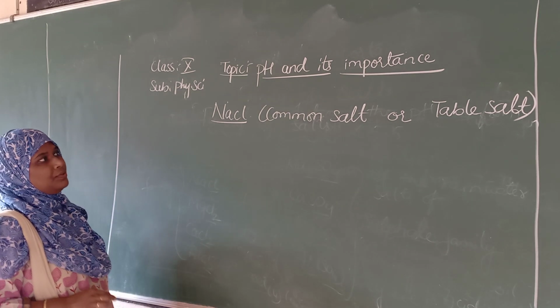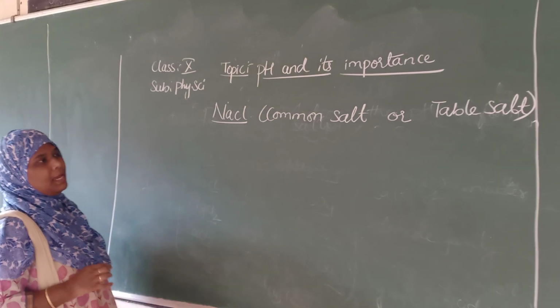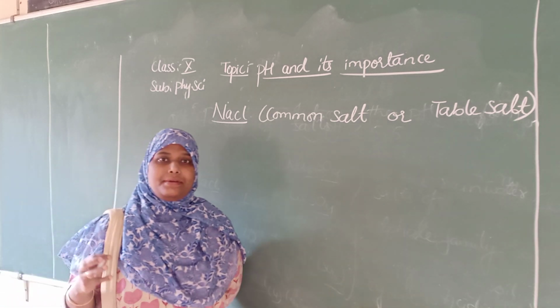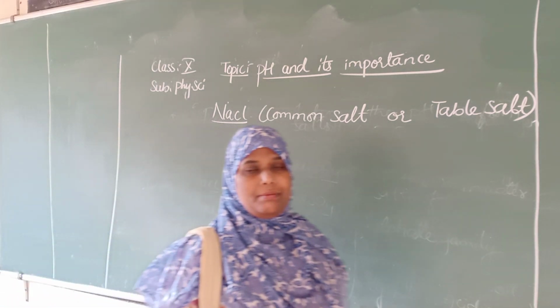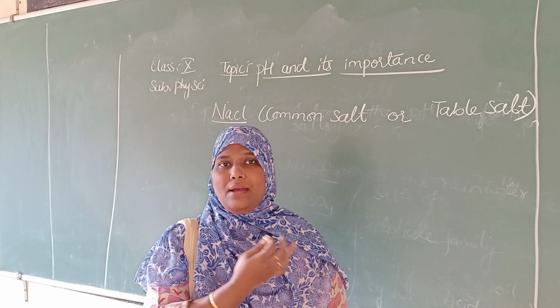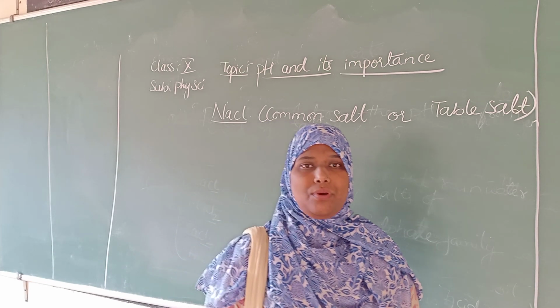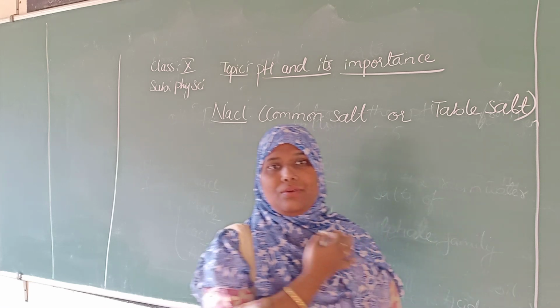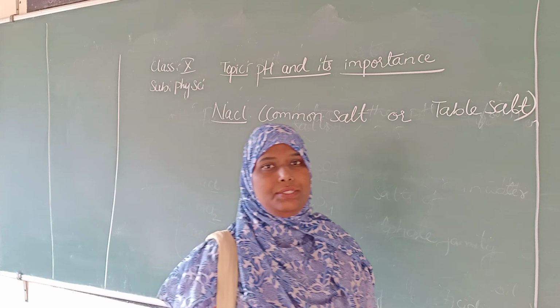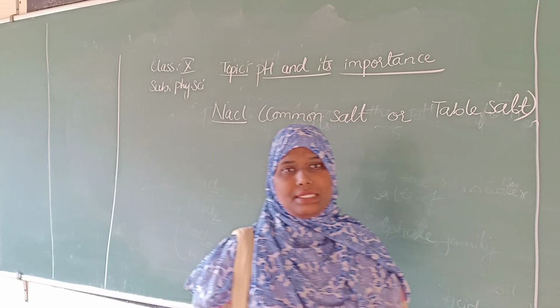Sodium chloride, this is obtained just like mining the coal. Even this can be obtained from the soil. That salt is called rock salt, and it appears brown in color due to the presence of impurities.